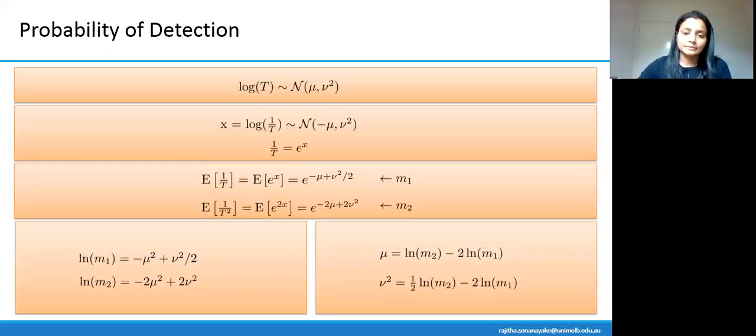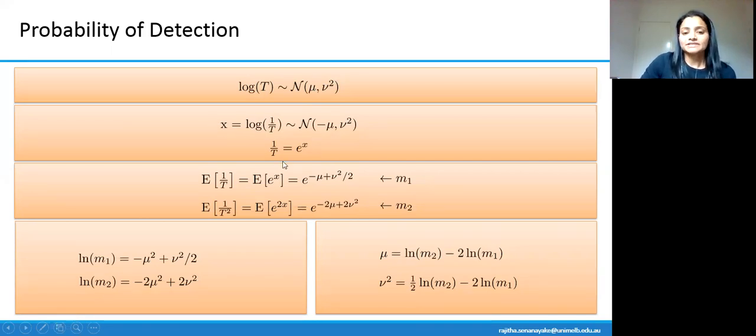Let's say, for example, I have a random variable t, of which the log value has a Gaussian distribution with a mean mu and a variance nu squared. If I define another random variable x equal to log of 1 over t, this x has a Gaussian distribution with the same variance, but the mean is just minus mu.